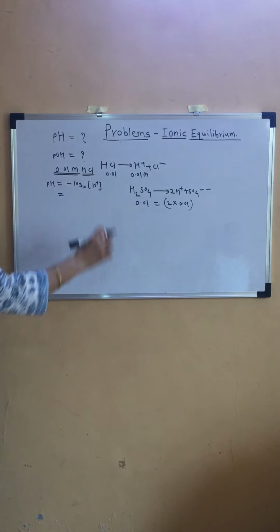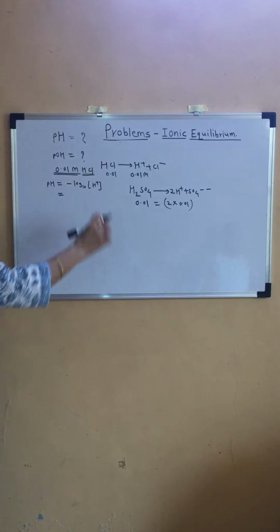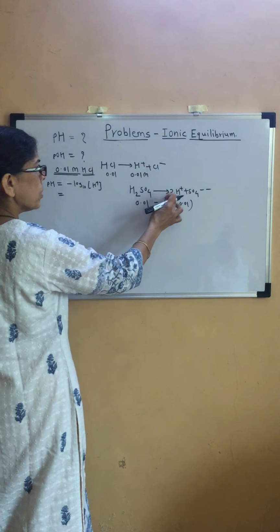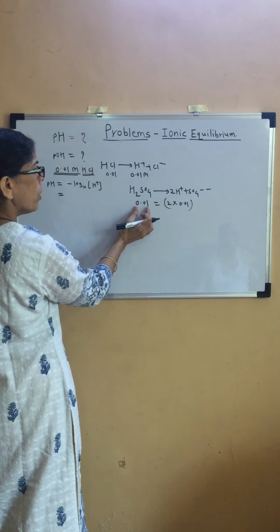Here we are getting only one H plus ion and therefore directly we have substituted the concentration of HCl whatever is given. Okay, see the difference. In the problem, if H2SO4 is given or an acid like H2SO4 is given, which is giving 2H plus ions, so whatever concentration is given, you have to multiply that by the coefficient in the equation or the number of ions which are formed. Okay.